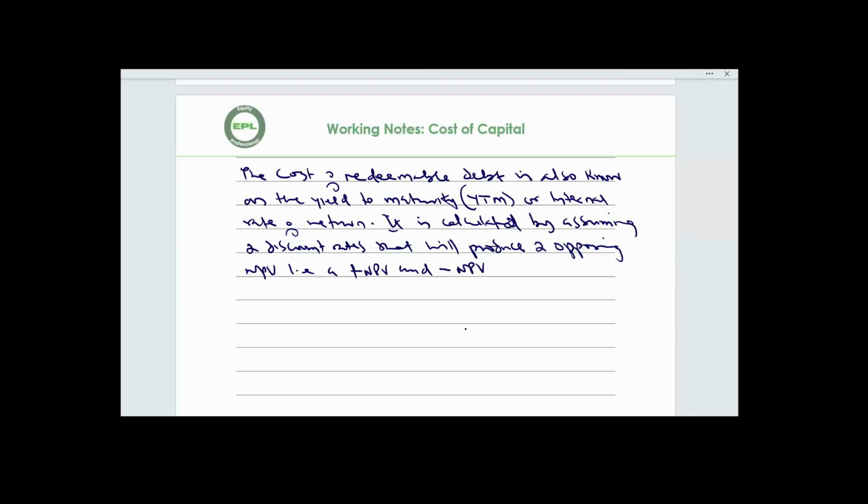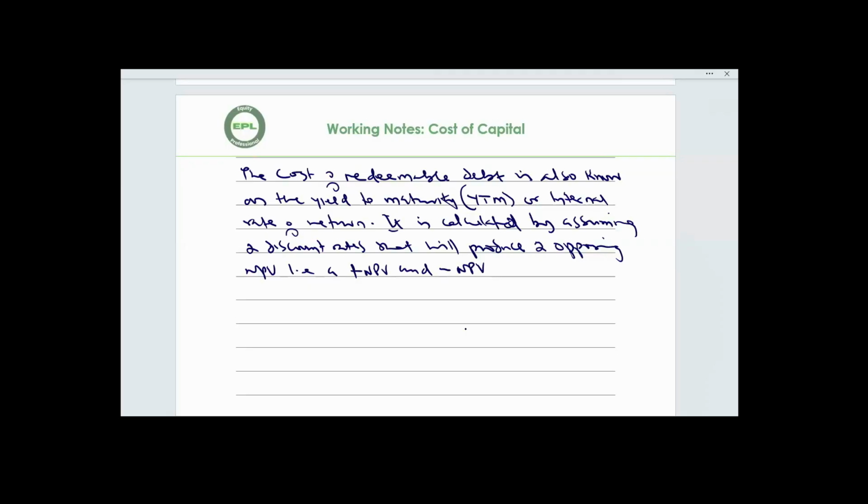Okay, so you know that whenever you want to compute internal rate of return, you are expected to assume two discount rates. One discount rate will give you a positive NPV. So when you have a positive NPV, you increase the discount rate to get a negative NPV. Then you interpolate into the IRR formula.